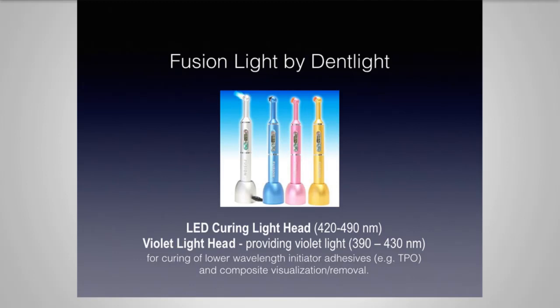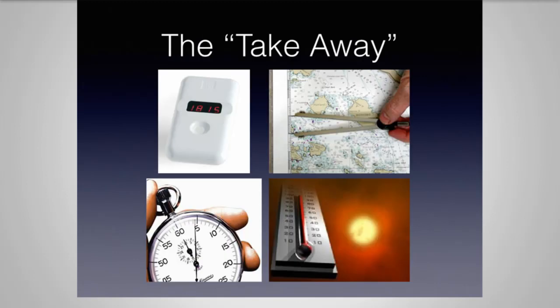So if you're not sure that you're getting full curing, knowing that you have another light head that you can change into to cure the initiator of the TPO in this lower wavelength might just give you a little bit more of a confidence level as you're going on. And I found that extremely interesting to know that one light can have various uses in that aspect.